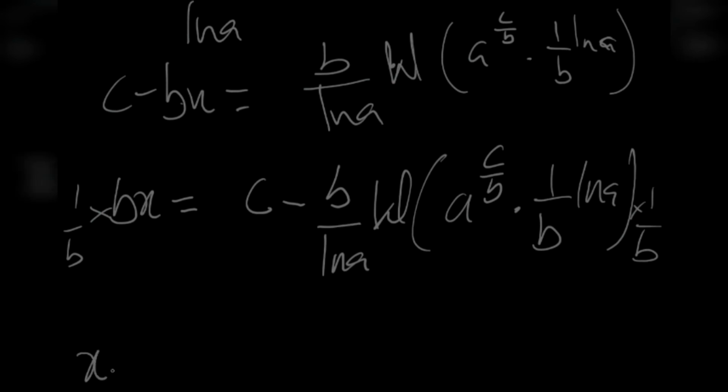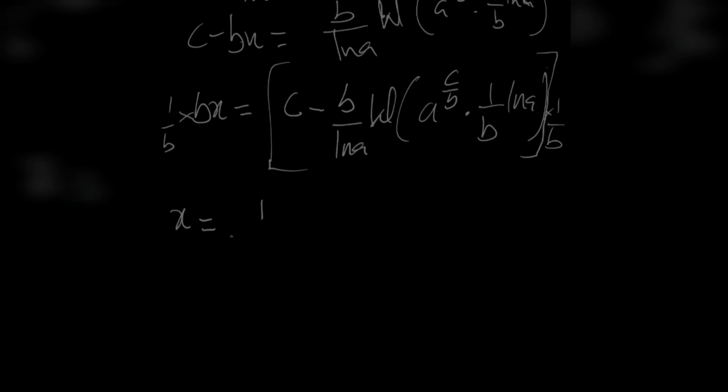So x would then be equal to 1 over b multiplying c minus b over ln of a, times the product log of a raised to the power c over b times 1 over b ln of a. This will be our final answer.